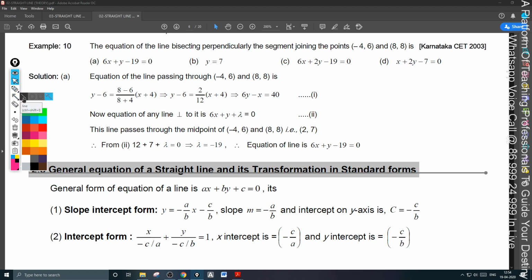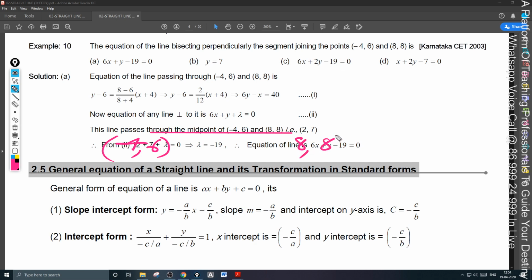What is a line segment there? Of course, the question is very easy, but why I am taking it up, you will understand through my explanation. Minus 4, 6. I am taking up the data here and it is 8, 8. Now, what is that?